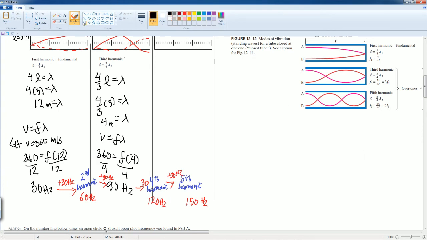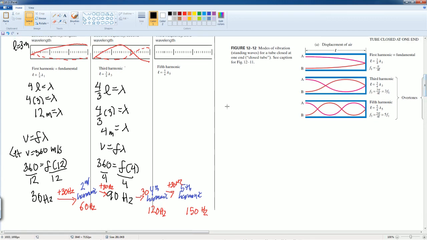The fifth harmonic is defined by this. It has one complete length plus 1/4. So this is your complete one, then a 4th. So you multiply 4/5 to the other side.